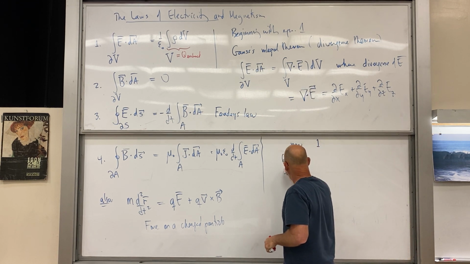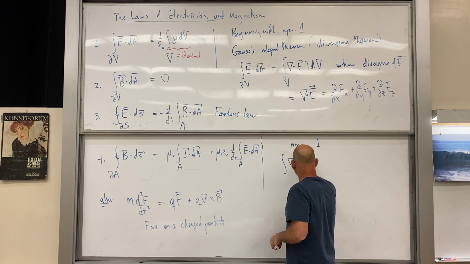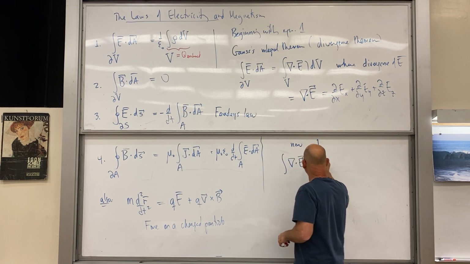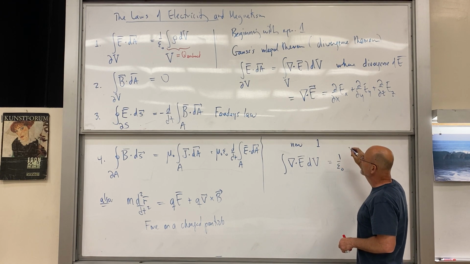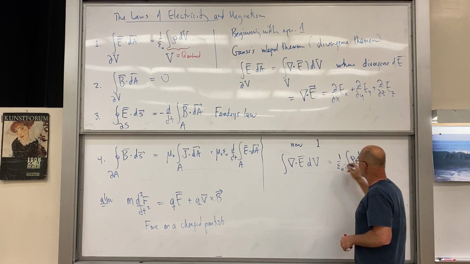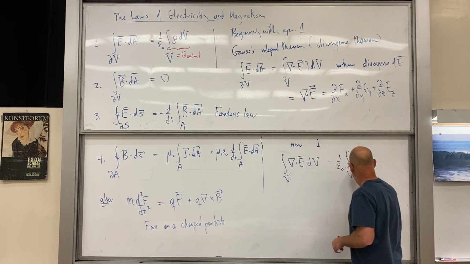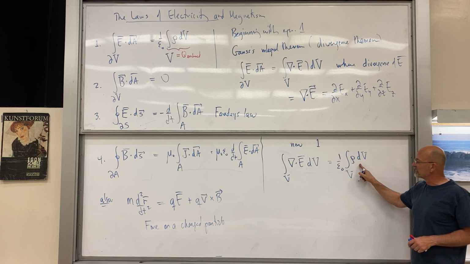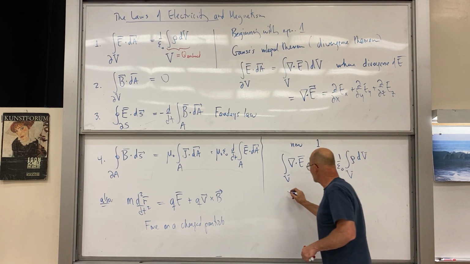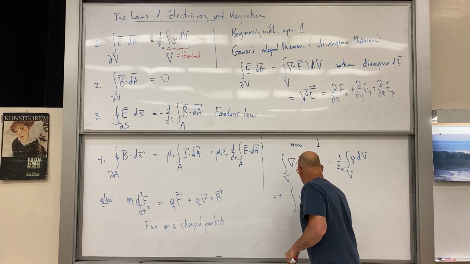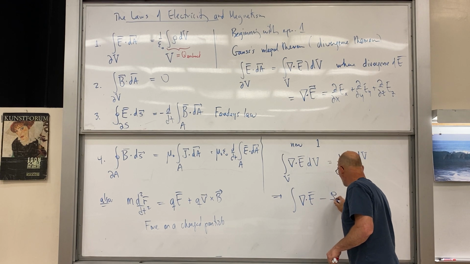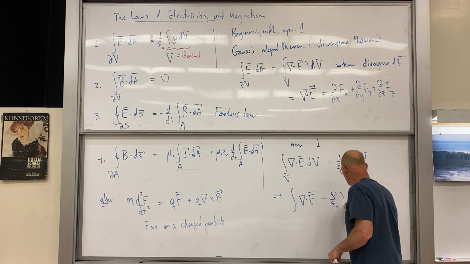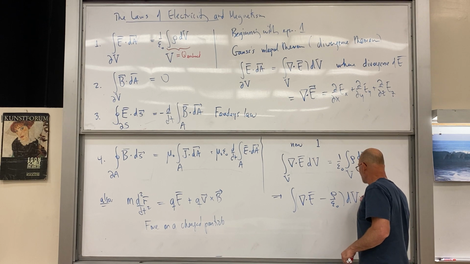So we have integral divergence of E d volume is equal to 1 over epsilon naught integral density d volume. Well, you'll notice we now have two volume integrals, and we can combine them. Integral divergence of E minus rho over epsilon naught d volume equals 0.